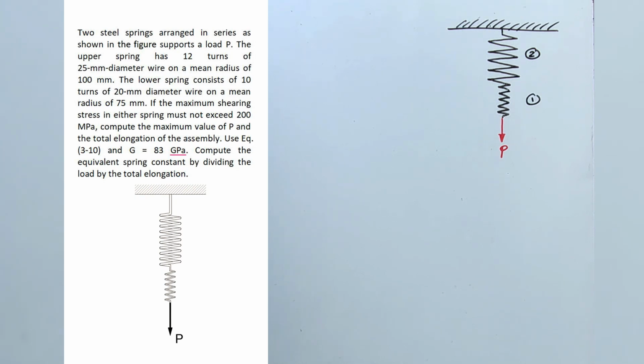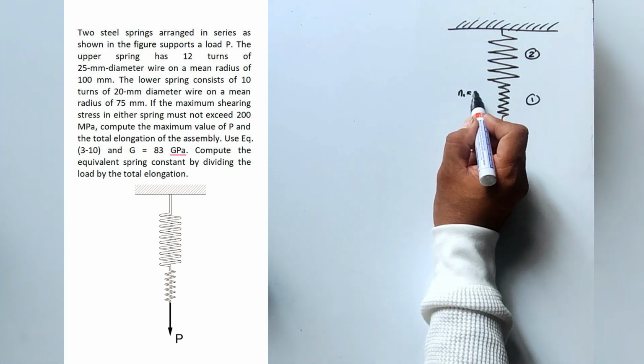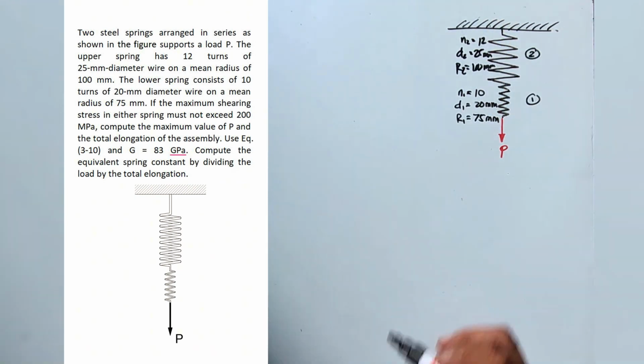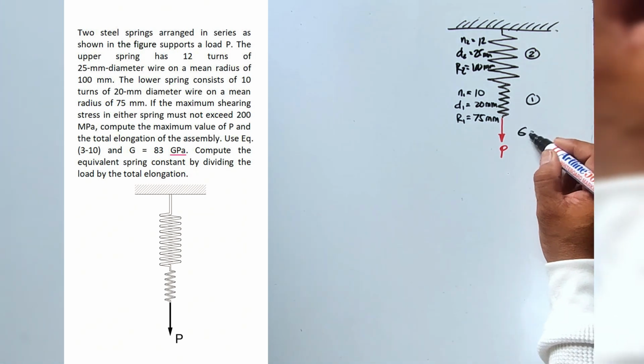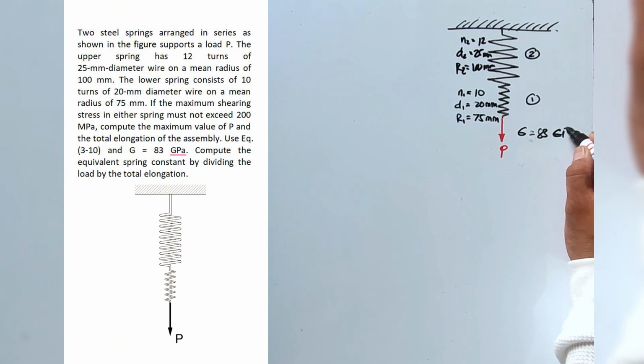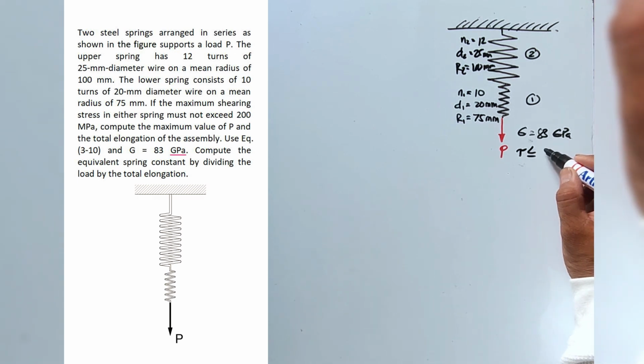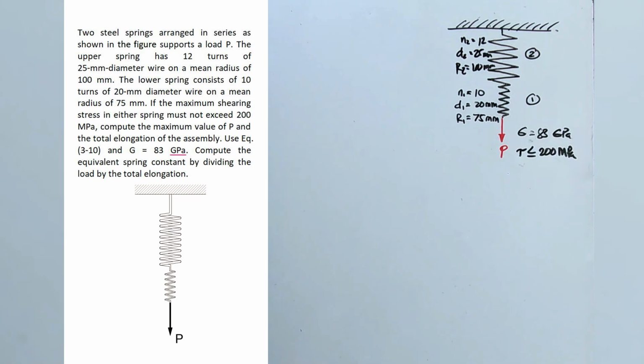So let me just write the given values. And also, the modulus of rigidity is the same, that's 83 gigapascal. And the allowable shearing stress for either spring should be less than or equal to 200 megapascal.